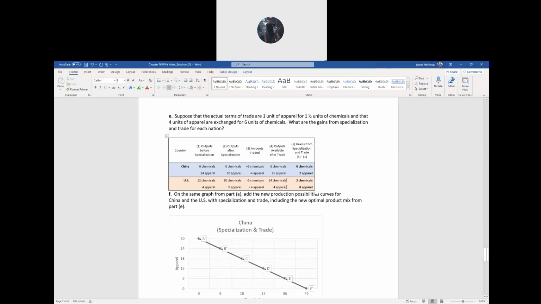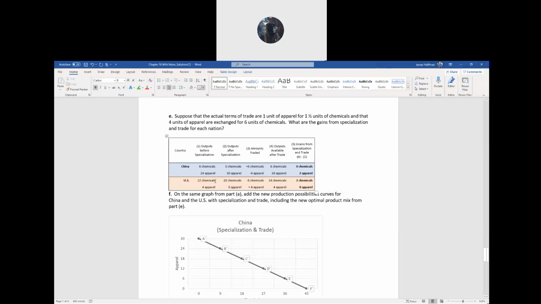And what do they gain, if any, in terms of the initial starting point? How much better off are they in column 4 versus column 1? China started with 6 chemicals. Now they have 6, so no gain in chemicals. But they started with 24 apparel, and now they have 26, so they got a plus 2 in apparel.